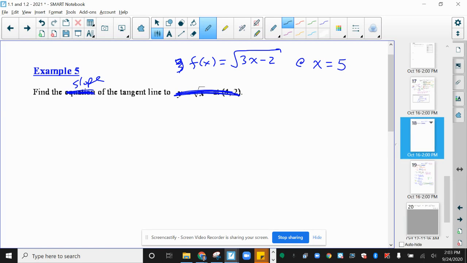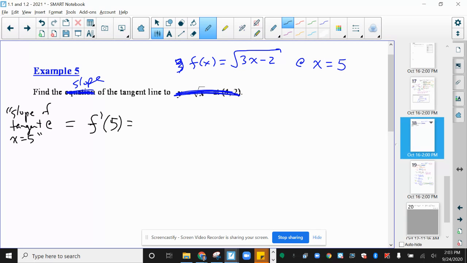So here's some notation. Slope of tangent at x equals 5. That's a lot of words. How can we say that with math notation? We can say it by saying f prime of 5.